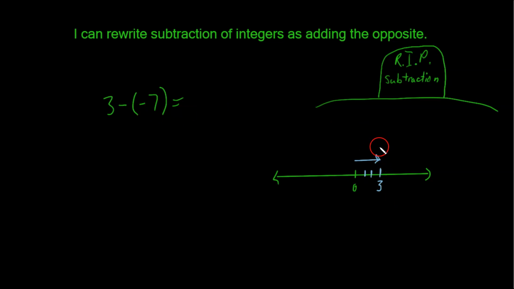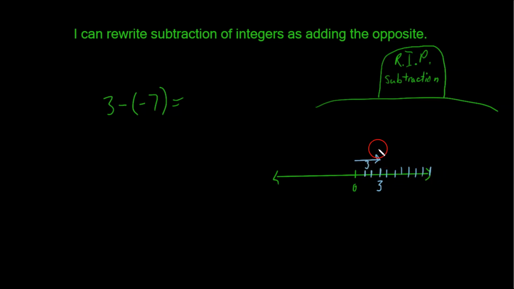We think subtraction, so we're moving to the left. However, we're moving to the left negative 7. So if we're moving to the left negative 7, we're actually moving to the right 7. So we're going to move 7 more to the right. So 1, 2, 3, 4, 5, 6, and 7. We end up right there.